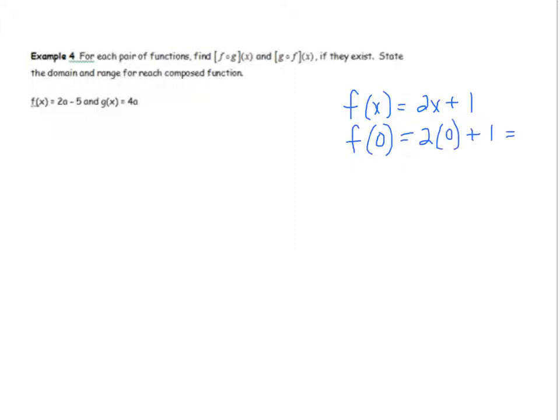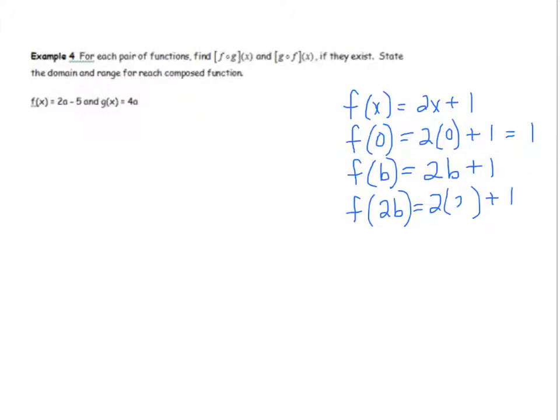And this would just be 1. Or if I wanted to put a b in, then that means a function where its variable is b. Well, I could get a little fancier. I could say 2b. And then everywhere there is a variable, I would put in a 2b.